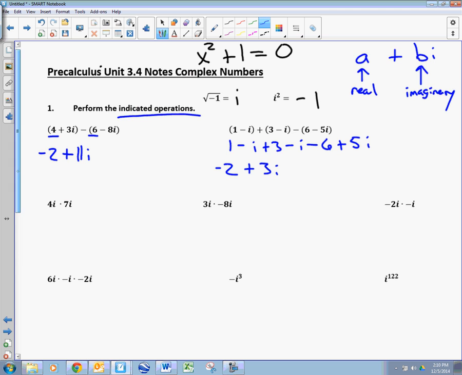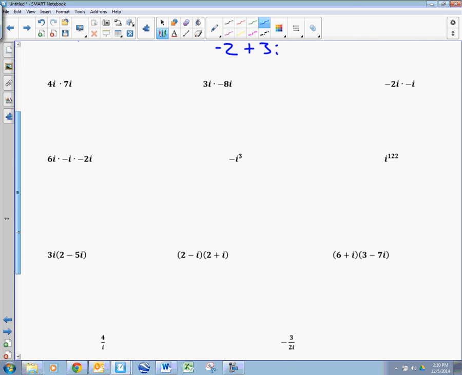So again, we have a real part and an imaginary part. Let's multiply them. 4 times 7 is 28, and i times i is i squared. Well, what is i squared equal to? So therefore, this is negative 28. 3i times negative 8i would be a negative 24i squared.